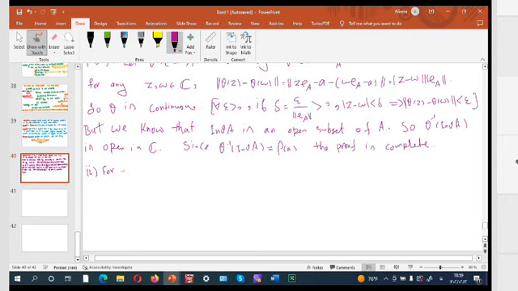For each lambda in A prime or A star, lambda composed with R_a is an analytic function on rho of a.